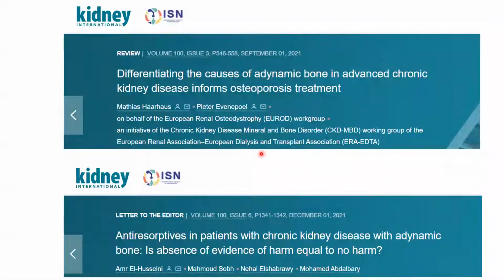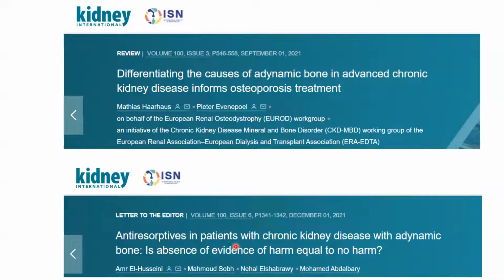Recently, the CKD-MBD working group of the ERA-EDTA published a review in Kidney International, saying that we could use bisphosphonates more liberally in CKD patients without fearing adynamic bone disease, because they said there is no evidence that they could harm our patients. And I had the honor to participate with Professor Amr Husseini and our colleagues Subh and Dr. Nahal to write a letter to the editor regarding this review, that the absence of evidence of harm in the study is not equal to the absence of harm.